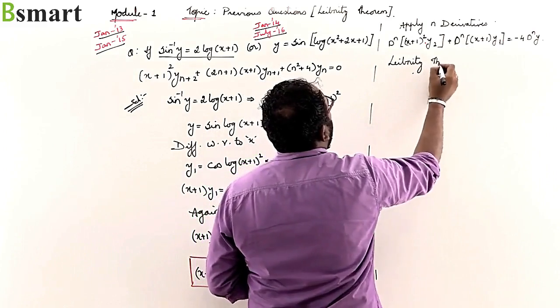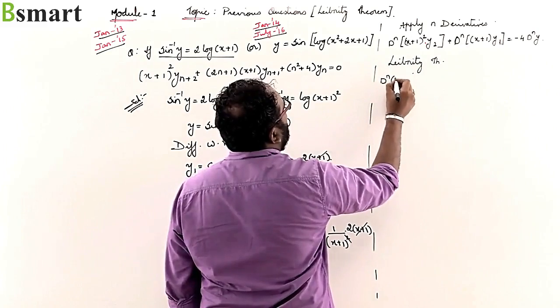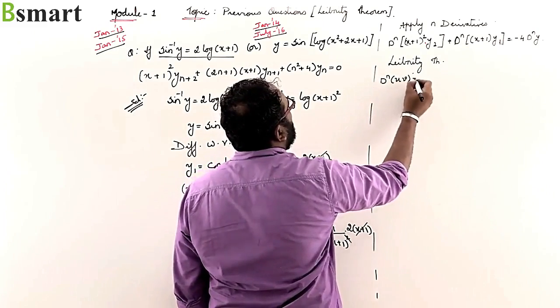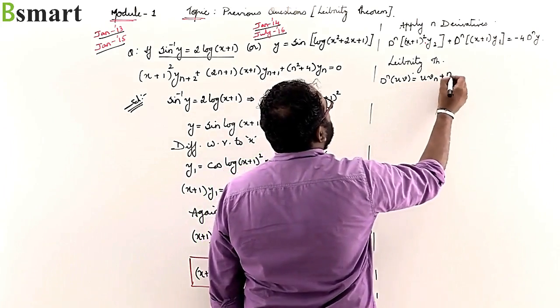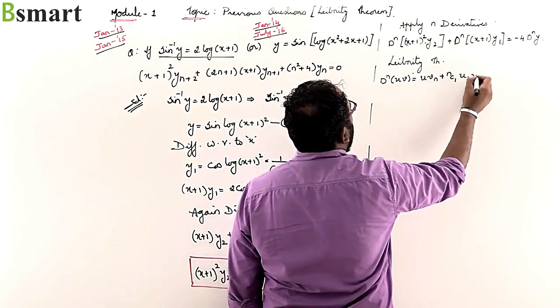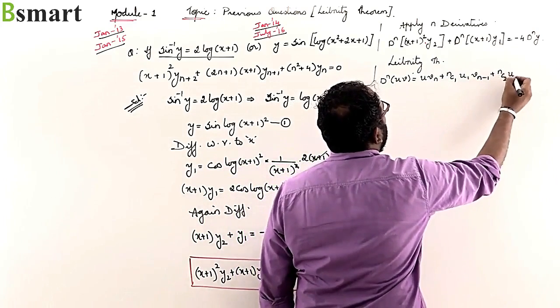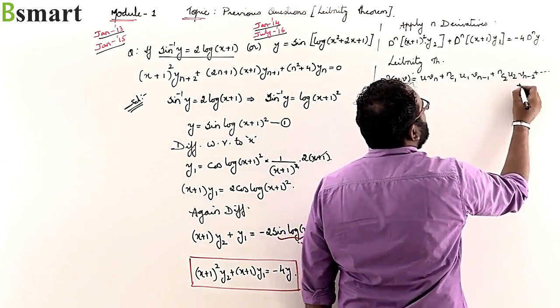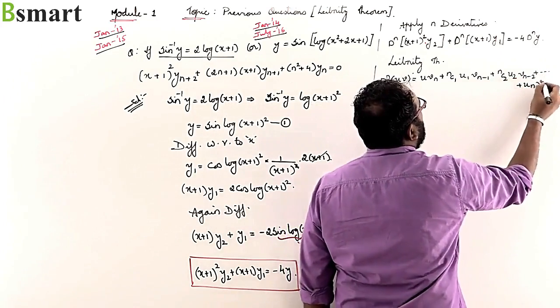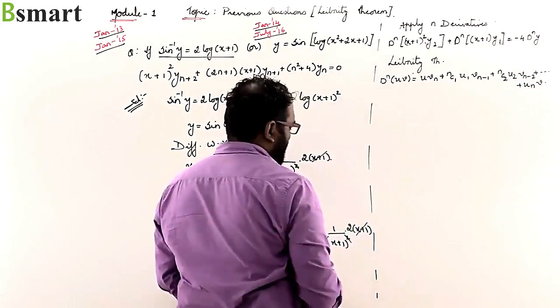The Leibniz theorem is given by the nth derivative of uv is equal to u vn plus nC1 into u1 vn minus 1 plus nC2 into u2 into vn minus 2 plus so on plus un into v. Now apply Leibniz theorem for each and every term.